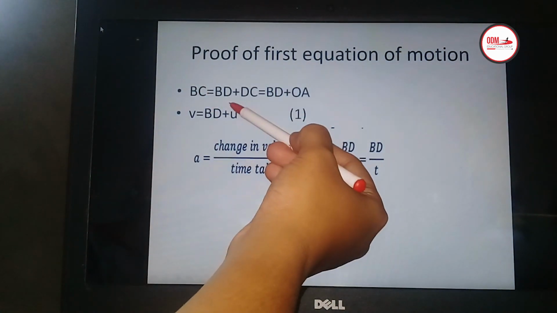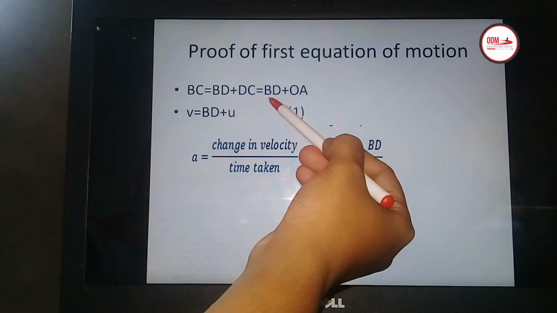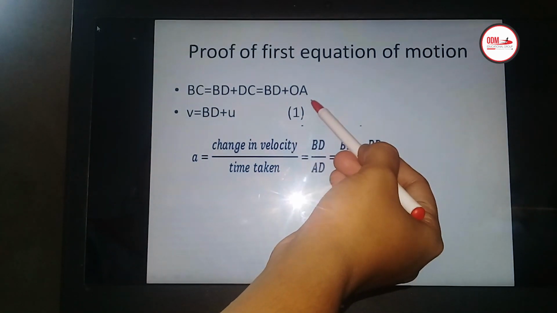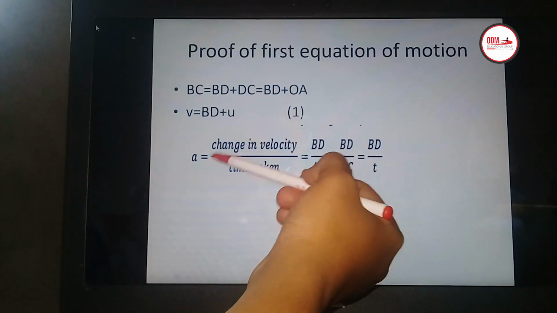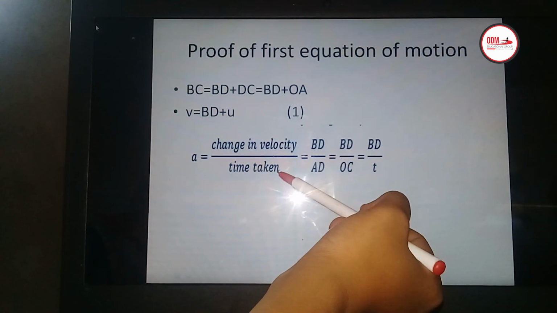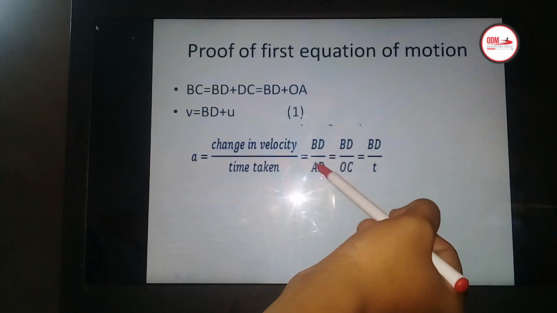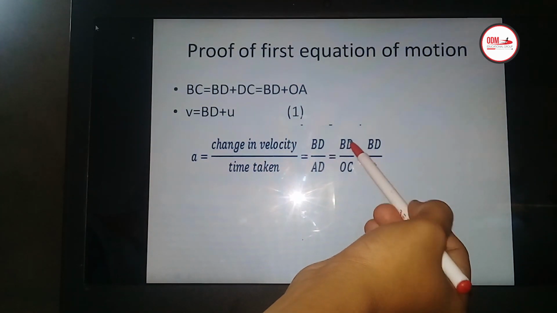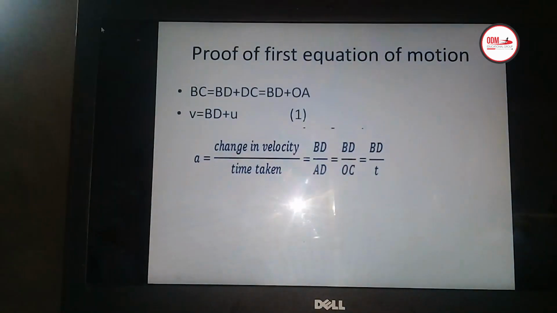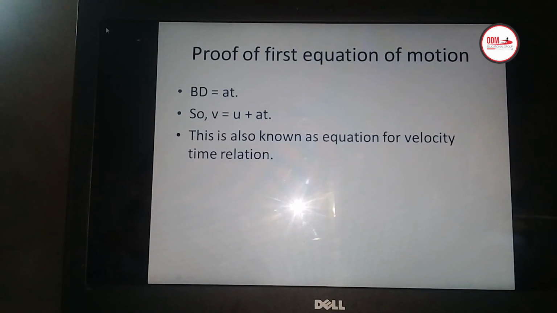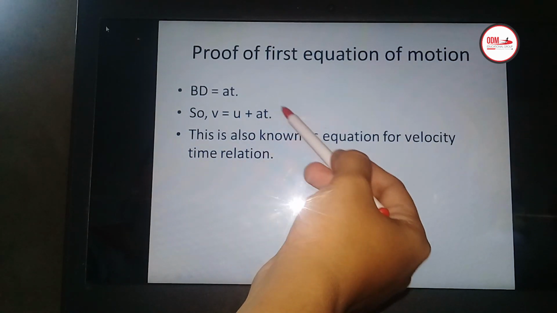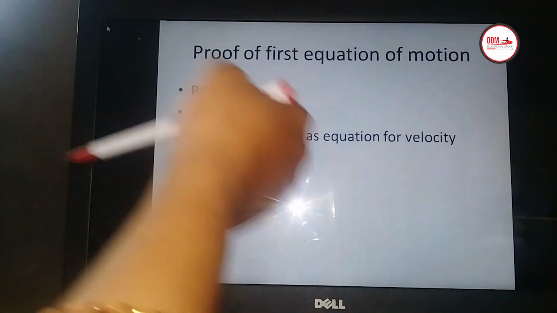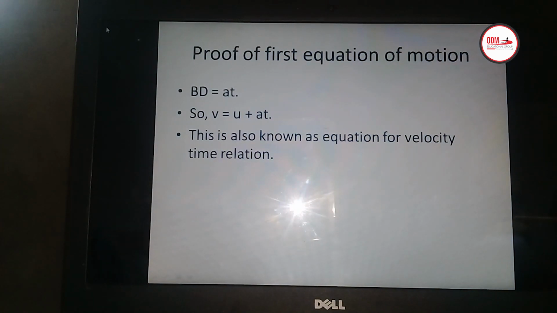BC is equal to BD plus DC, and DC is equal to OA. So BC, that is v, is equal to BD plus u. Again, a is change in velocity by time taken. So the change in velocity is BD, and a is BD by AD, or BD by OC, or BD by t. As BD is equal to at, v is equal to u plus at. And this first equation of motion is also known as the equation for velocity-time relation.